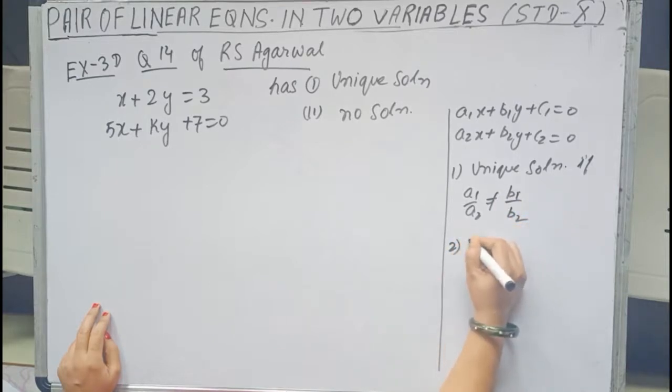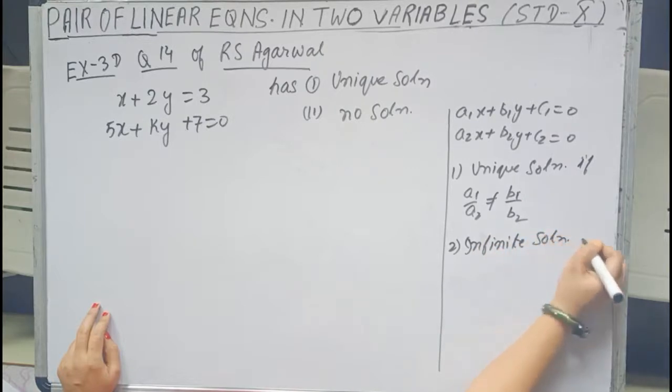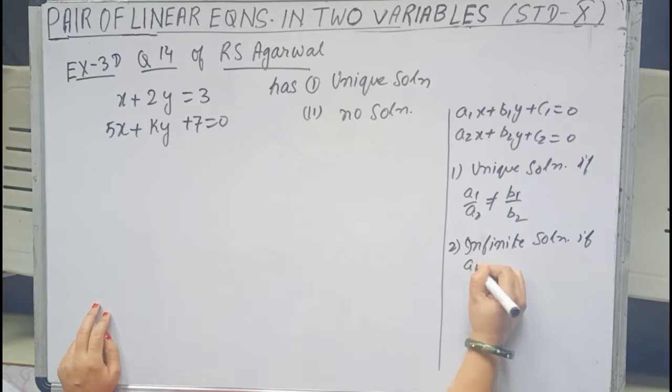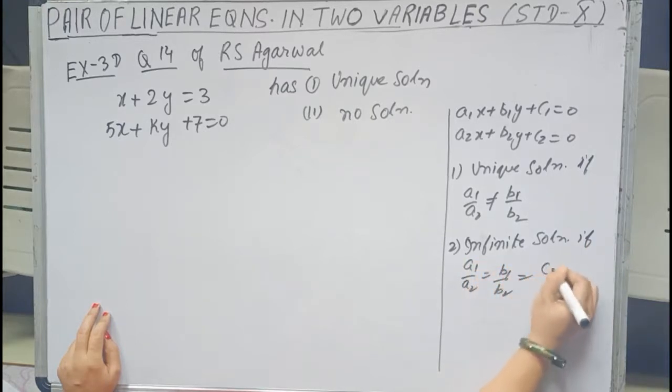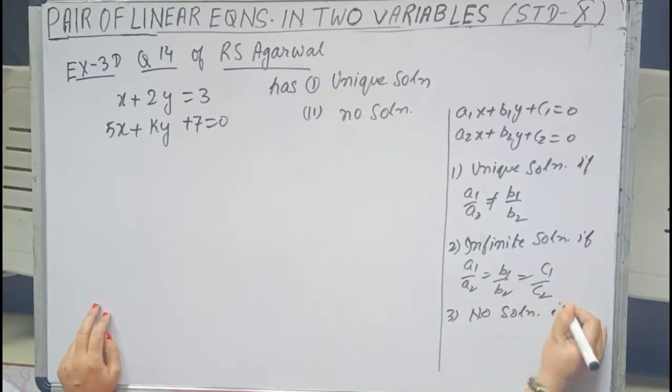Number 2, infinite solution if a1 by a2 equals to b1 by b2 equals to c1 by c2. And number 3, no solution if a1 by a2 equals to b1 by b2 is not equals to c1 by c2.